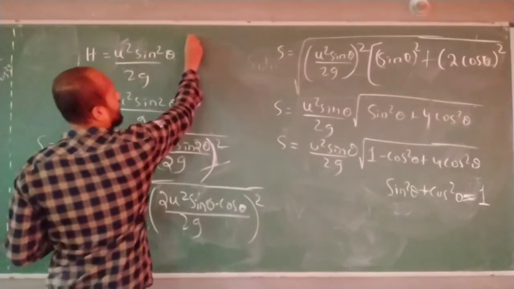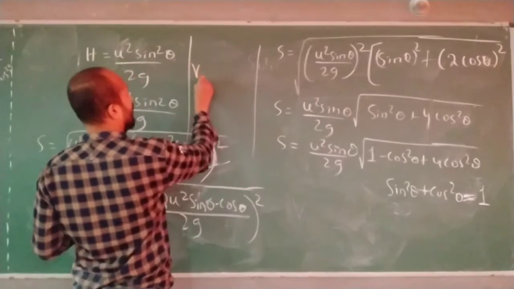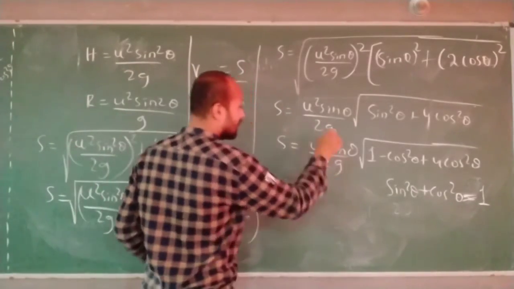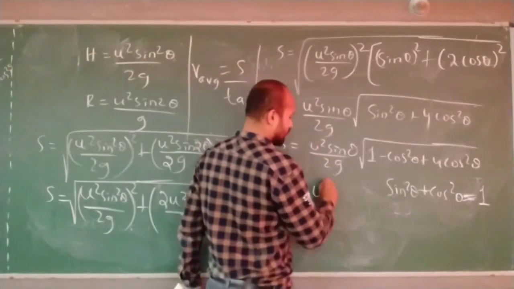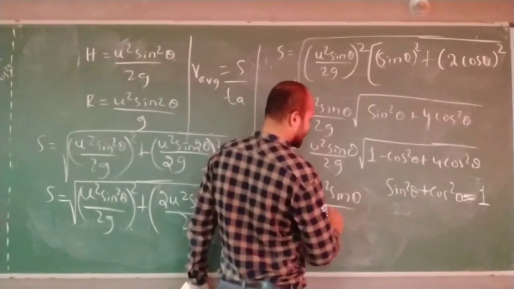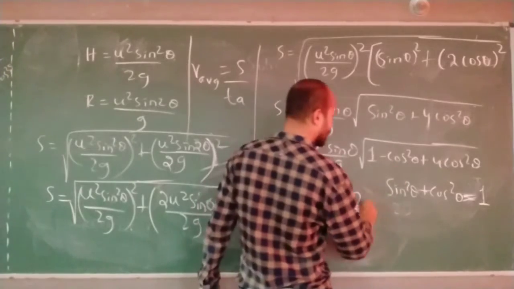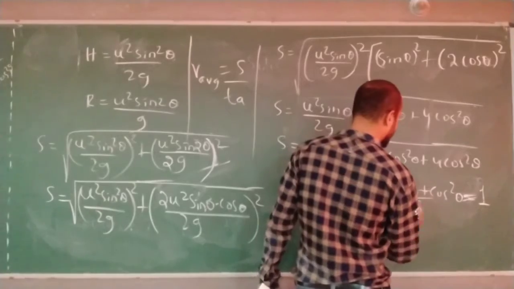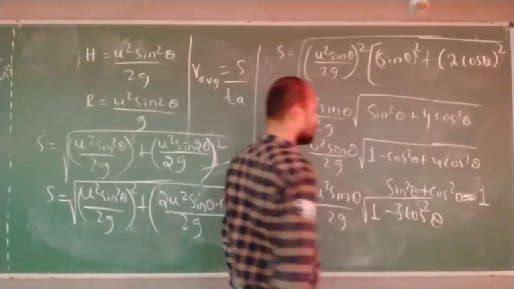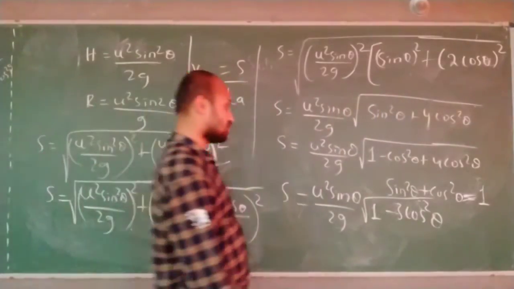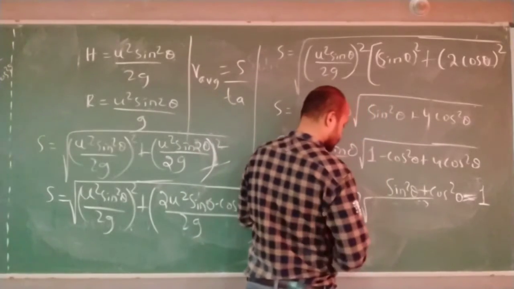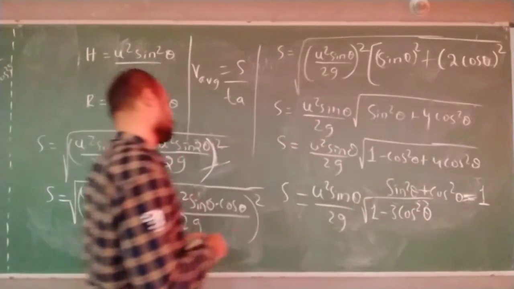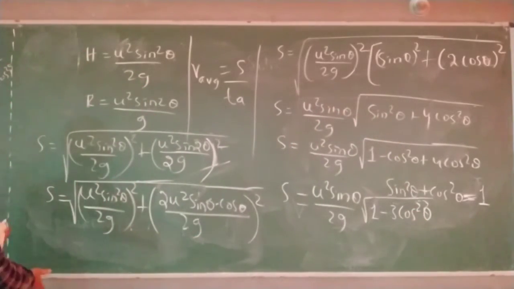V average is S by TA, and I am finding S. S is u square sin theta divided by 2g into root of 1 plus 3 cos square theta. This is the value of S.